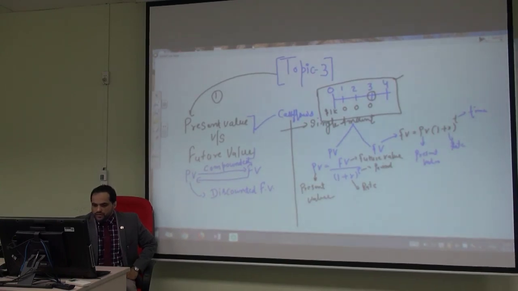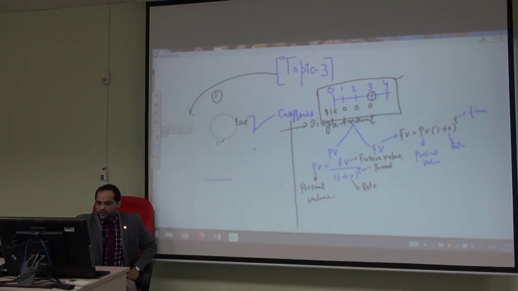So we talk about the second cash flow. Second cash flow is an annuity. Alright?